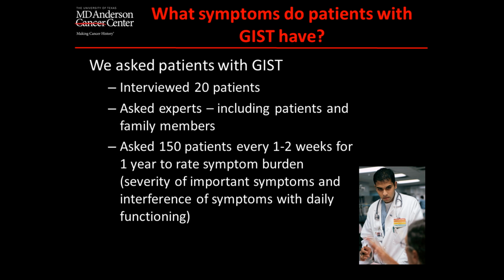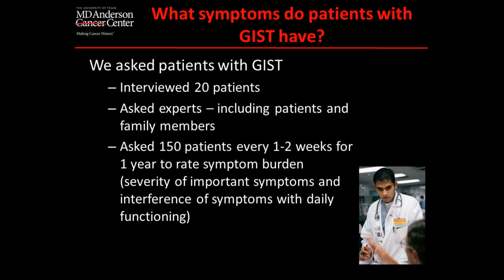And from that, we got that list down to something manageable that people could respond to. Then we asked 150 patients who had GIST to fill out the questionnaire every 1 or 2 weeks for a year. This questionnaire measured the symptom burden of GIST and its treatment.